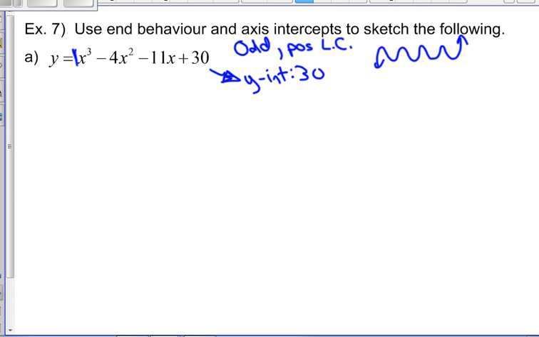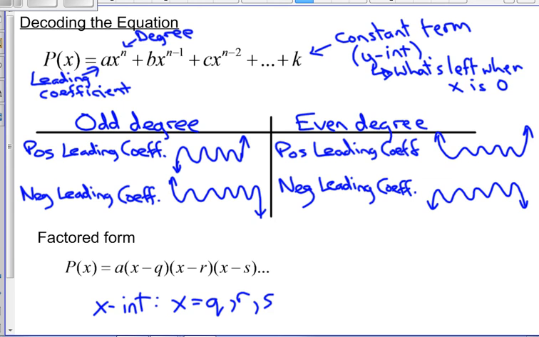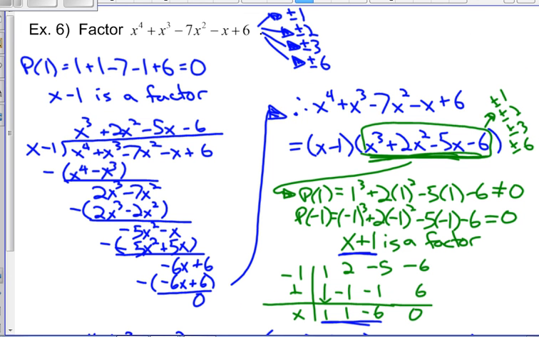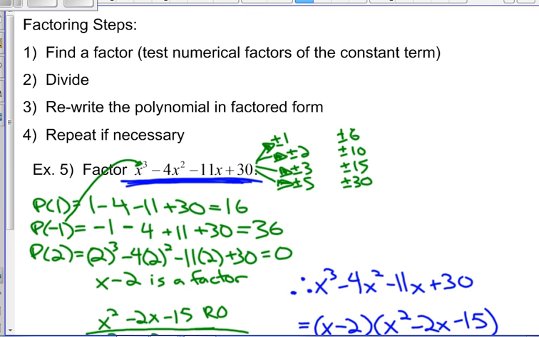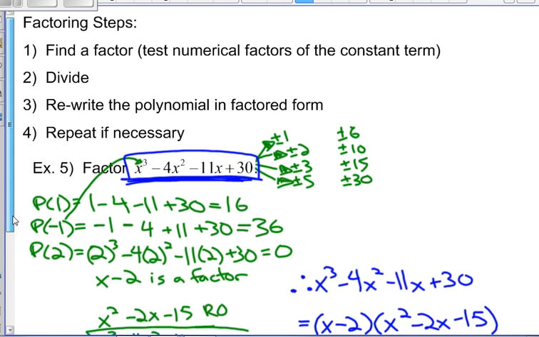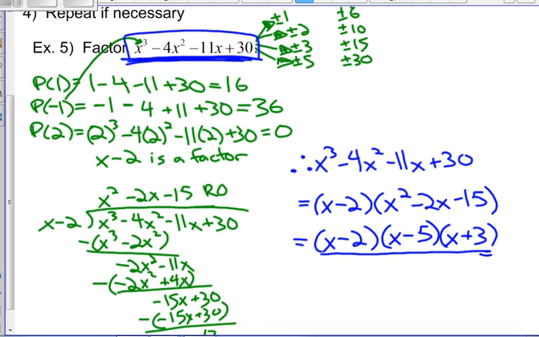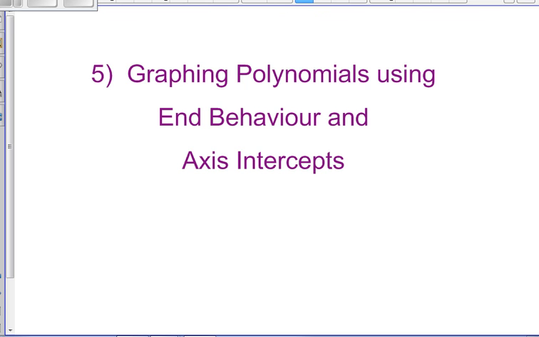But earlier on in the presentation, we factored that exact polynomial. So if you go back over here, example 5, it was that polynomial. We factored it. We figured out that it looked like this: (x minus 2)(x minus 5)(x plus 3). So let's use that.